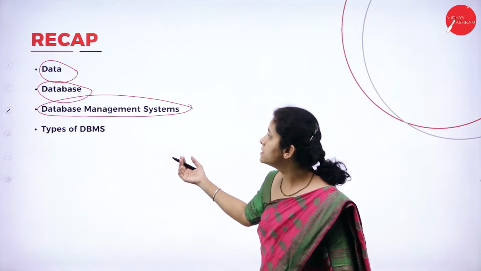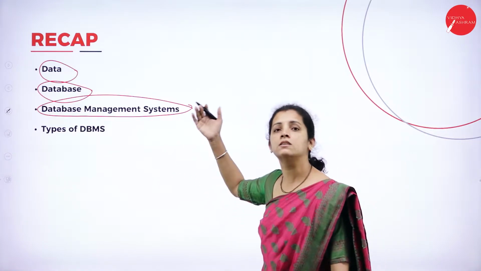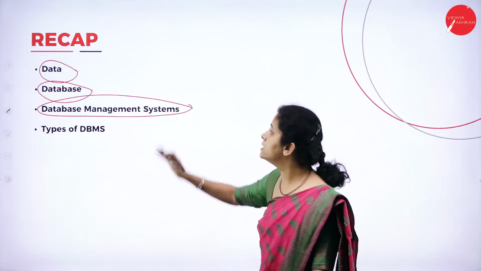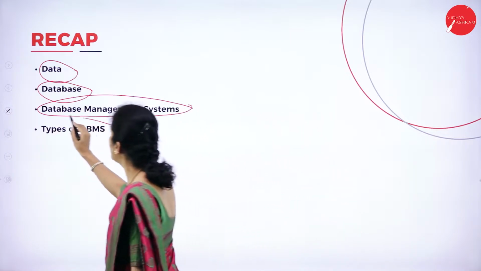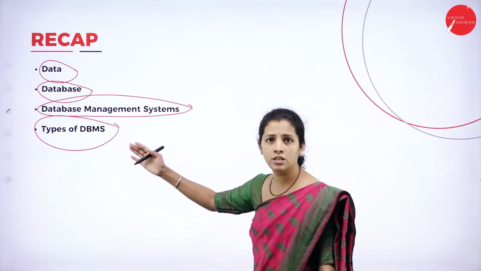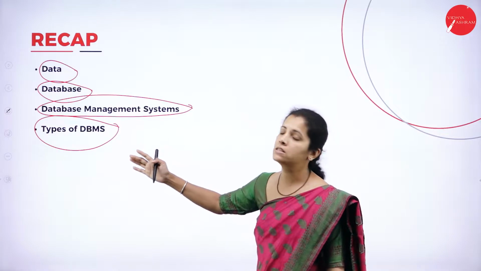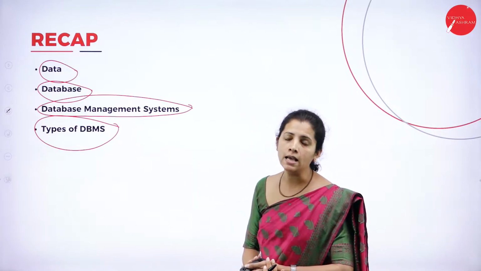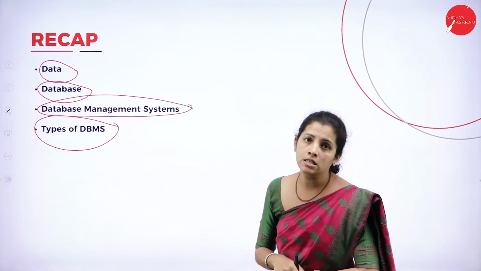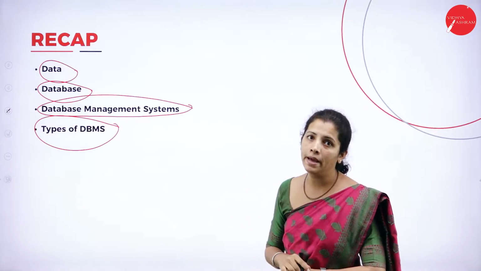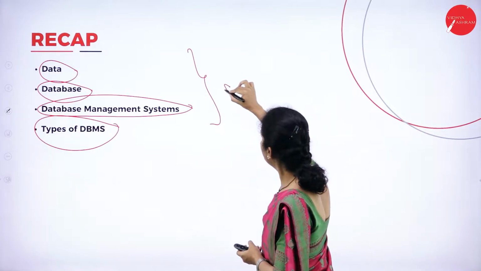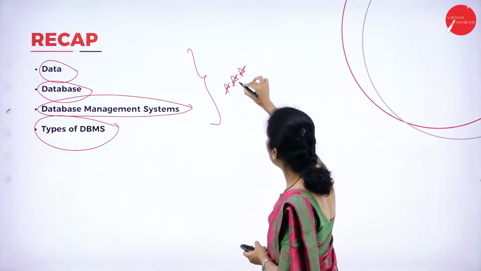What is a database management system? It is a software that is mainly used to maintain and manipulate a database. Along with that, I have discussed the different types of database, that is nothing but relational database, object-oriented database, hierarchical database, as well as network database. All these topics are very important from the examination point of view.